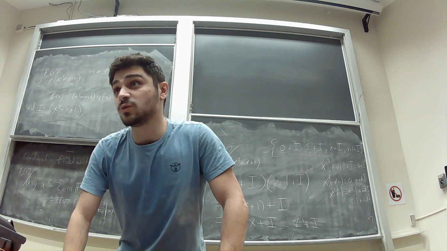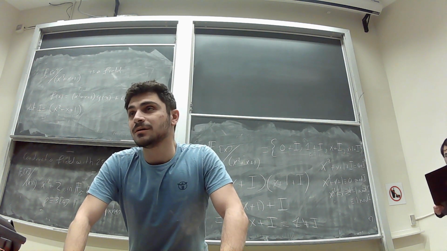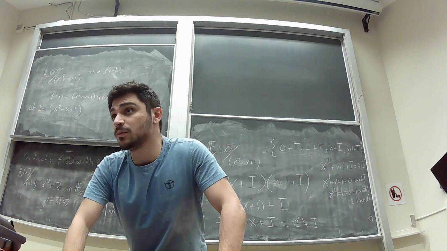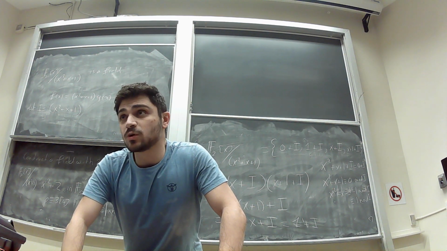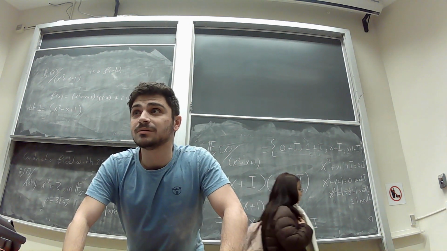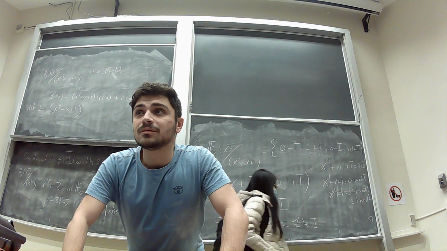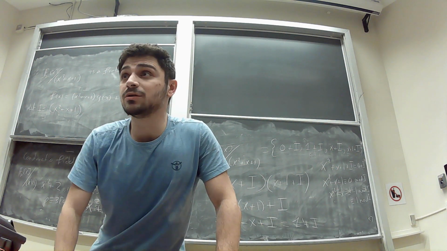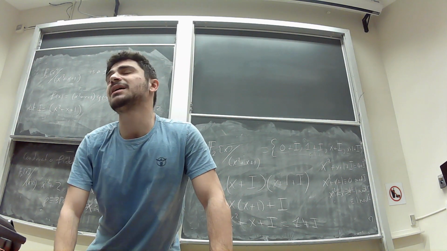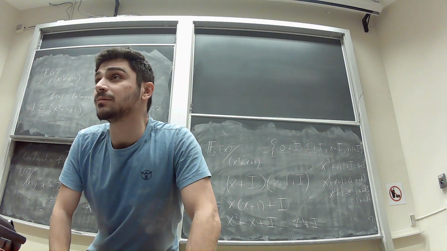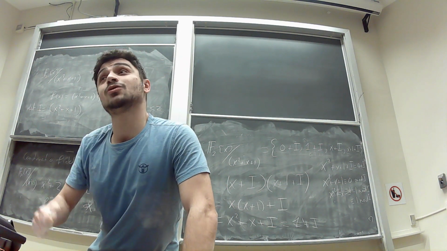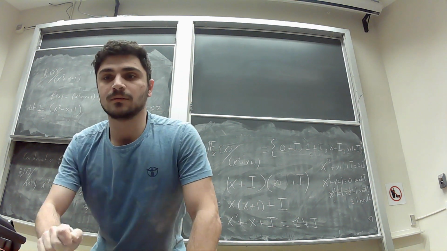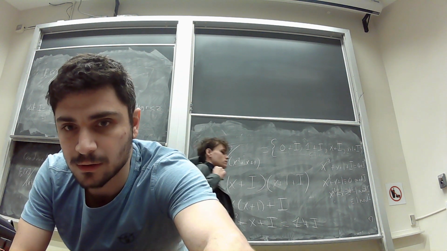This means that x squared plus 1 is never 0. So p is congruent to 3 mod 4, and this means that x squared plus 1 is irreducible. It has degree 2 and has no roots, so it's irreducible.